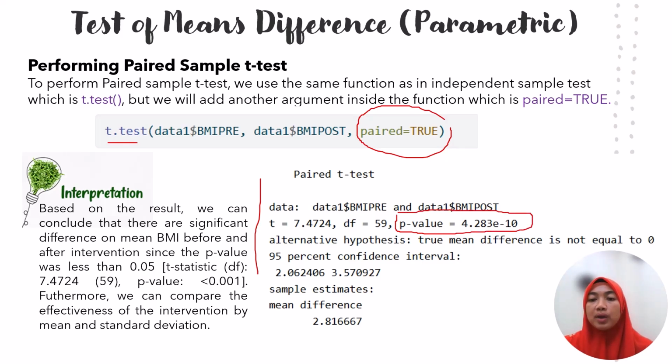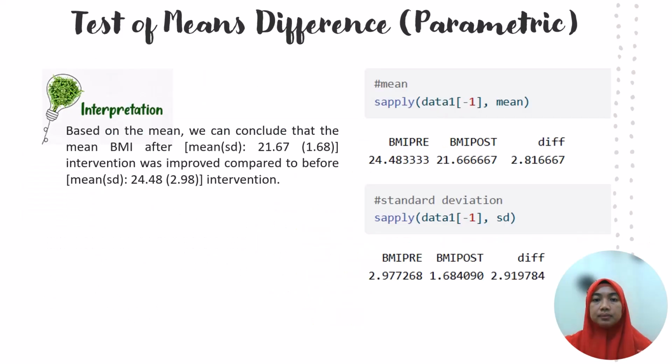So the p-value is less than 0.05 with the t statistic of 7.724, and with the degree of freedom of 59. So furthermore, we can compare the effectiveness of the intervention by mean and also the standard deviation.